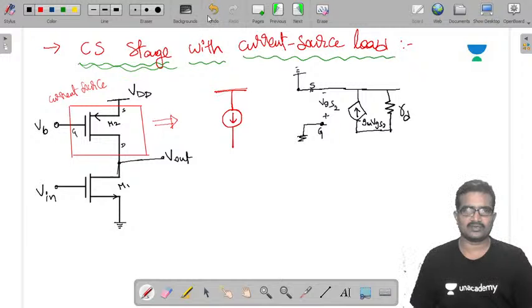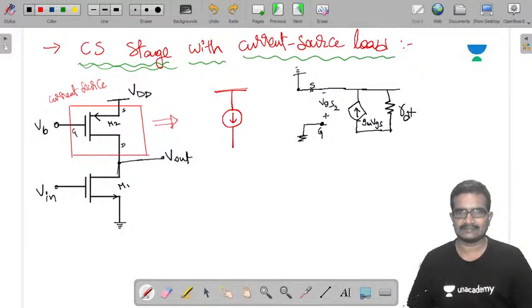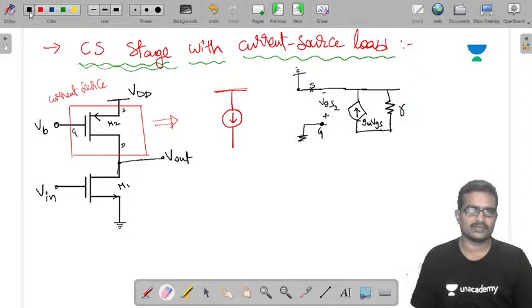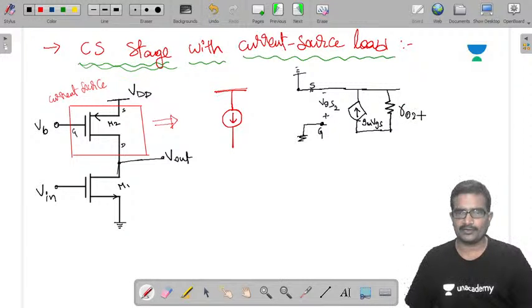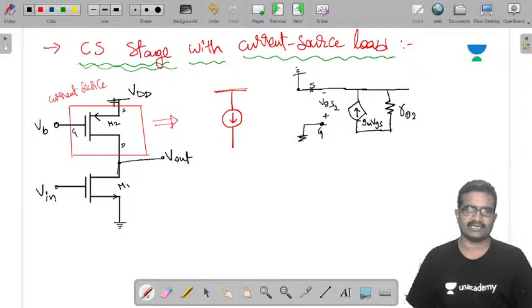This is R0, let us take it as R02, the output impedance of this. The source terminal is already connected to ground.